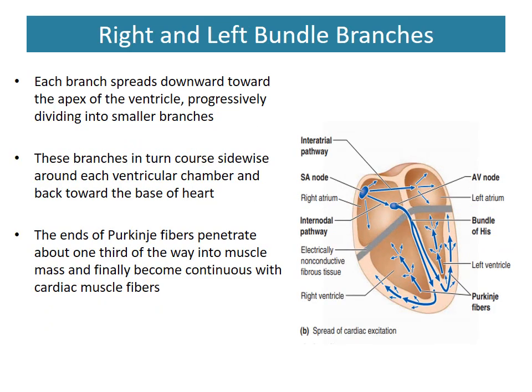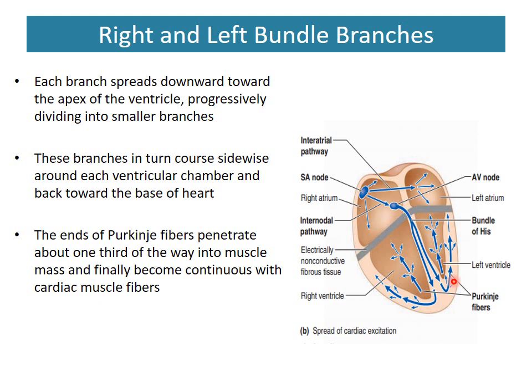Now each branch spreads downward. Look at here in the diagram. It's going downward toward the apex of the ventricle. This is the apex of the ventricle. Then it divides into smaller branches, the Purkinje fibers.